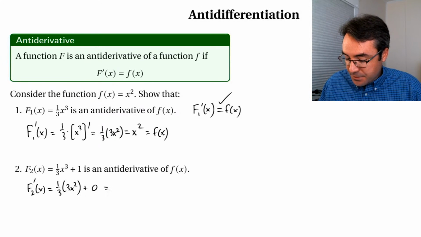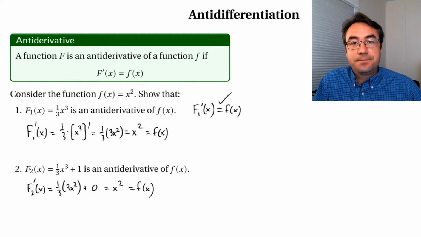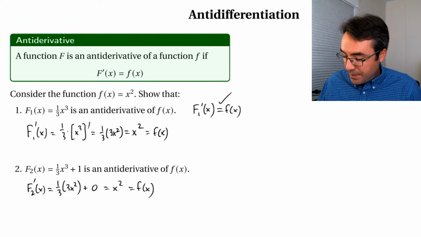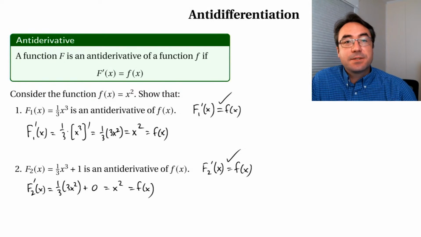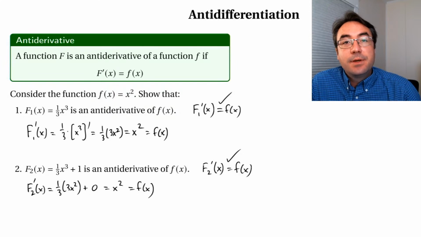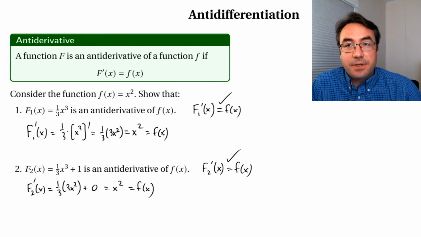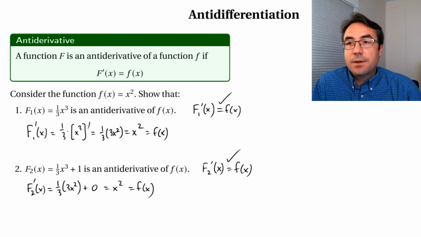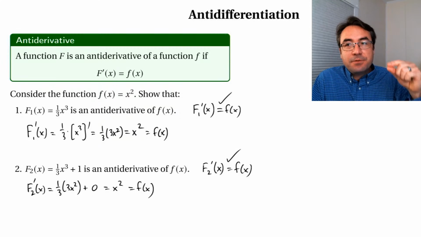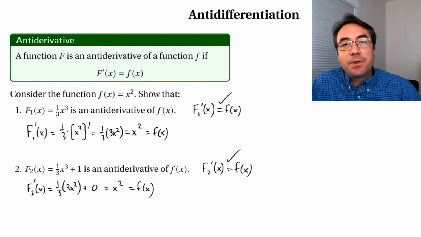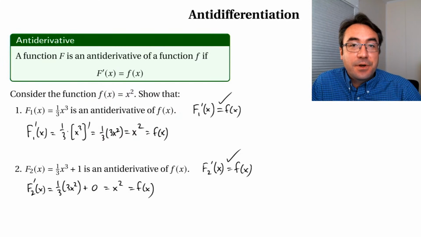Simplifying, we end up with x squared, which is just little f of x again. So this calculation shows that capital F2 prime is equal to little f, and that's precisely what it means for capital F2 to be an antiderivative of little f. So we have two different functions, 1/3 x cubed and 1/3 x cubed plus 1, that are both antiderivatives of the function x squared.